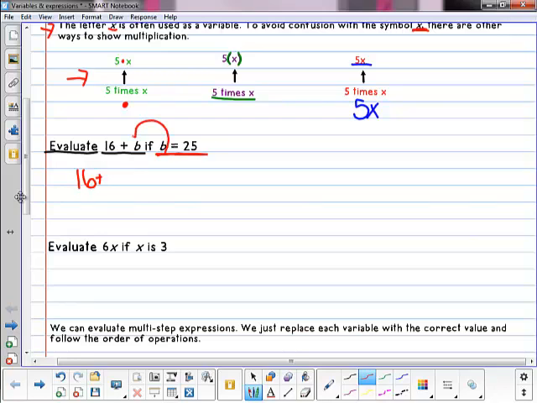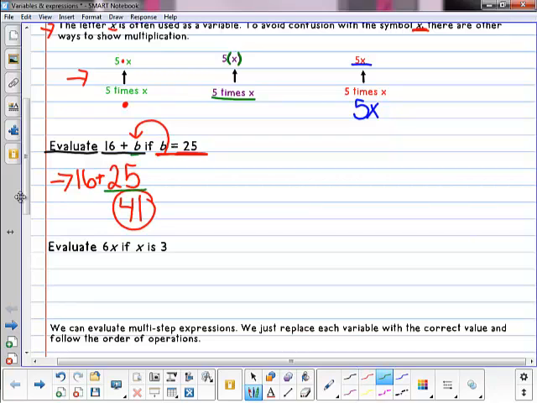What we need to do is take this information, that b equals 25, and replace it for the b. So we would rewrite it as 16 plus 25 because they told us what b equals. So what is 16 plus 25, people? It is 41. So our answer would be 41.